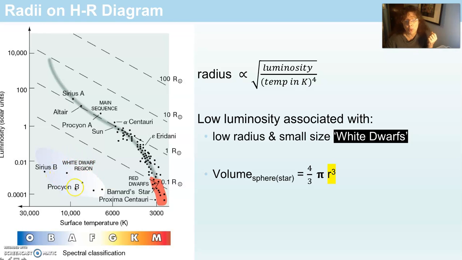That's the white dwarf region that we have here. Small radii and less luminescence. It all goes together. We can come up with the total size. You know the volume of a sphere is 4/3 pi r cubed. So it's all related back to these areas and radii measurements that we're taking.